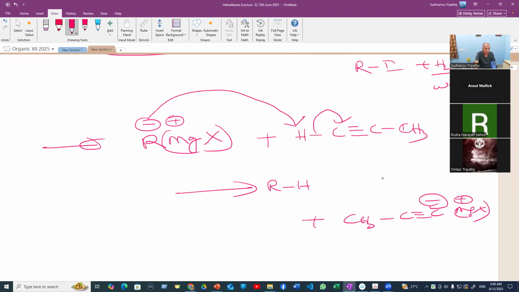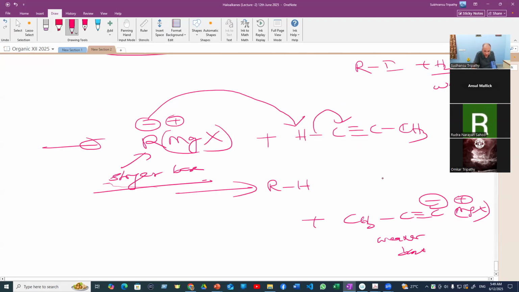The answer is yes, because R minus is a stronger base, being the conjugate of the weak acid RH, alkane. But here the alkynide ion is a weaker base. I mean, comparatively, this is stronger, this is less strong, because it is the conjugate of alkyne.